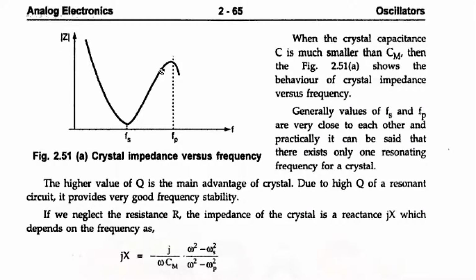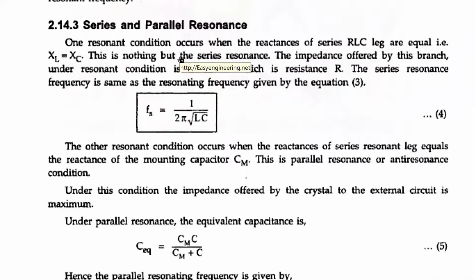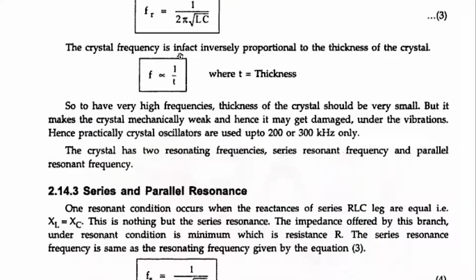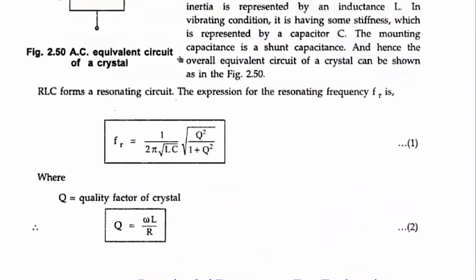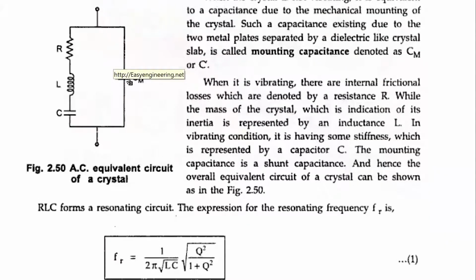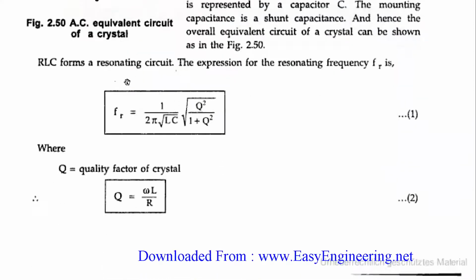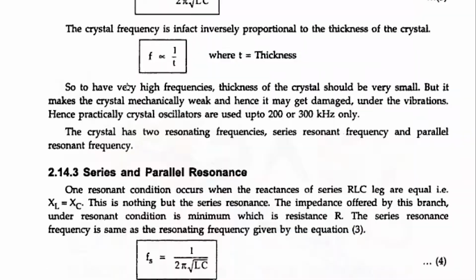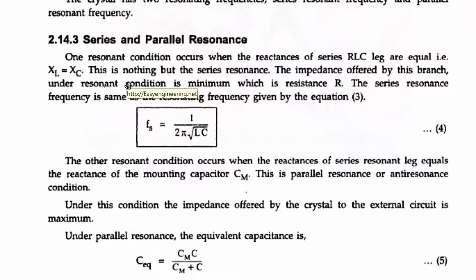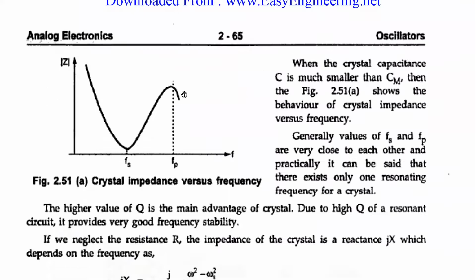Because of this, now the Cm will dominate because it is in parallel. The mounting capacitance Cm is in parallel, so now this will dominate. So after certain frequencies, the impedance will gradually reduce. At very high frequency, the crystal will act as a short circuit.